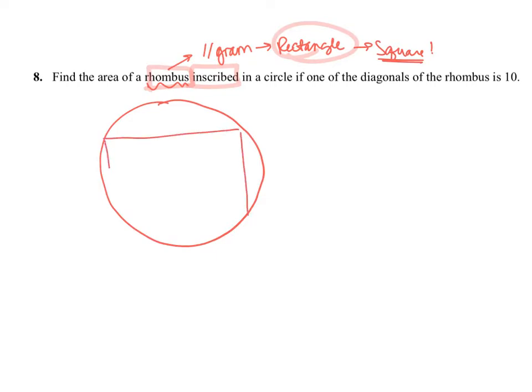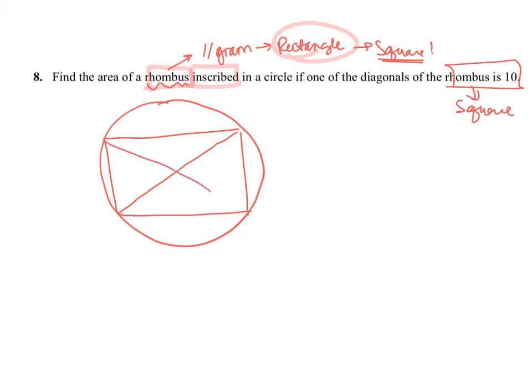Very interesting. And it says one of the diagonals in this rhombus, which we really know is a square, is 10. So if we think about the properties of a square, diagonals are congruent, so we know each of these diagonals is 10. Now, there's a couple ways you can do this. You can try to figure out the base and the height, and then find the area, which wouldn't be too bad.